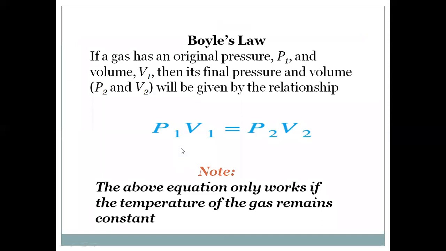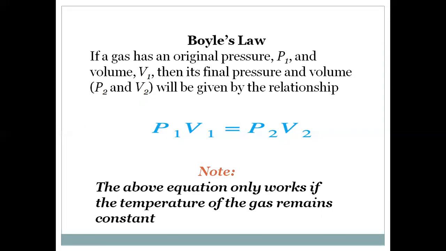Now, Boyle's law. If a gas has an original pressure P1 and volume V1, then its final pressure and volume, P2 and V2, will be given by this relation.